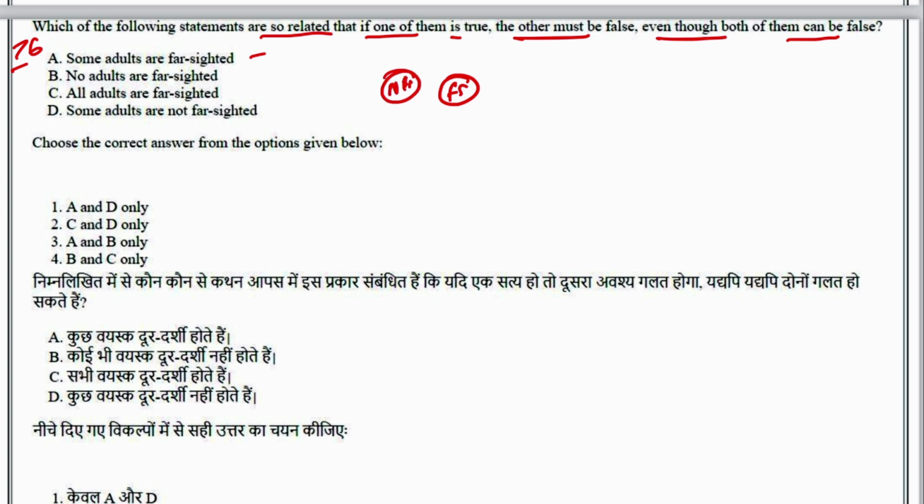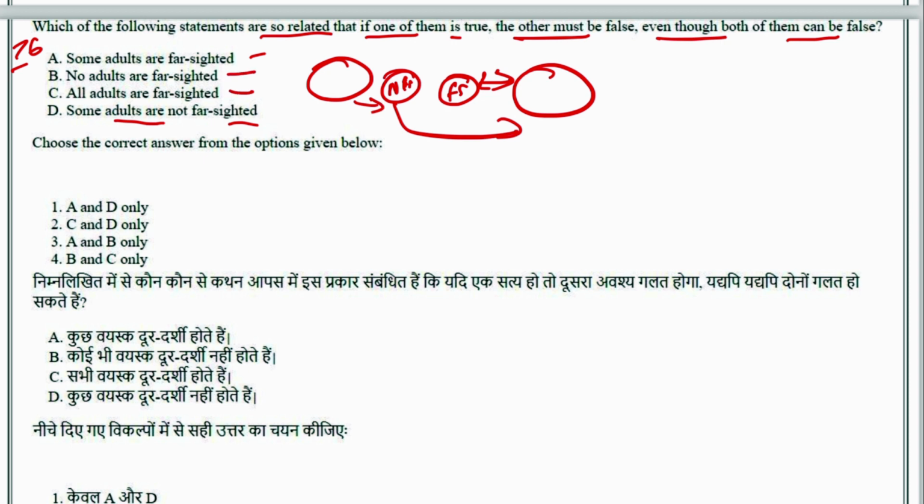All adults are far-sighted. This is also contradictory to this, but related to this. Some adults are not far-sighted. So this is also contradictory to this one. So no adult and all adults, these are totally contradictory. So B and C is the answer. 4 is the answer.